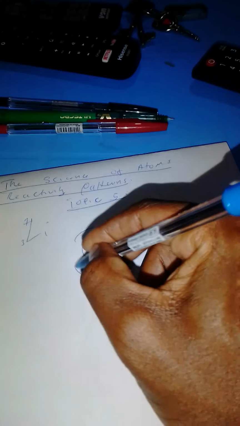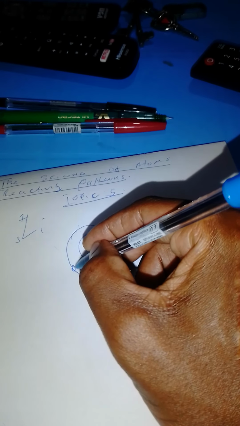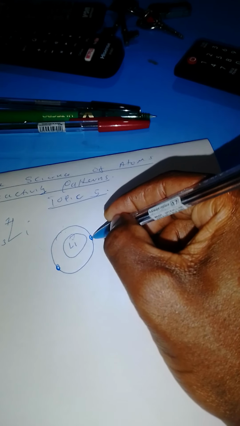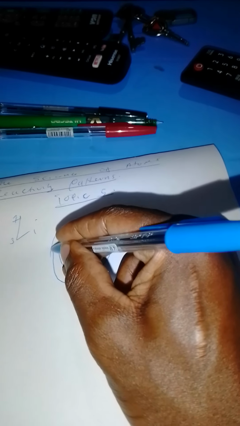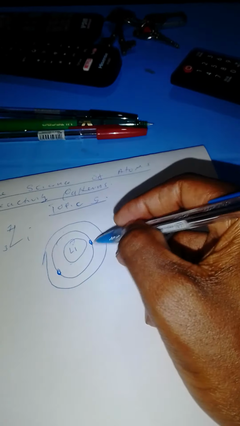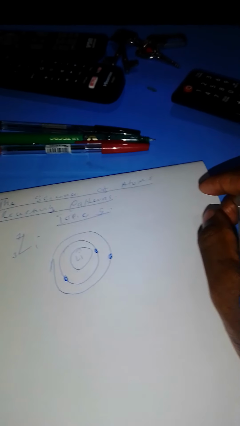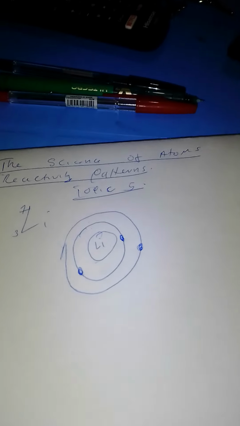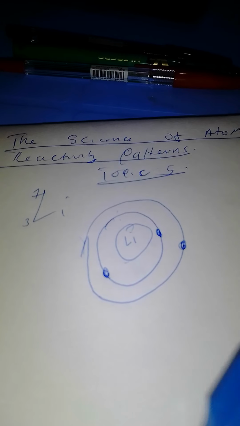Then the first energy level now comes out of the nucleus and is going to take 2 electrons, moving around like that. Then for the last energy level, because from 3 it has taken 2, it remains 1. That is lithium. Very, very important. We call this the atomic structure of lithium.